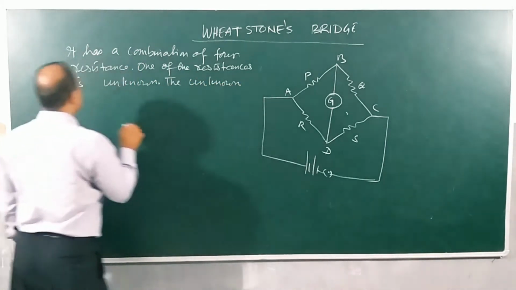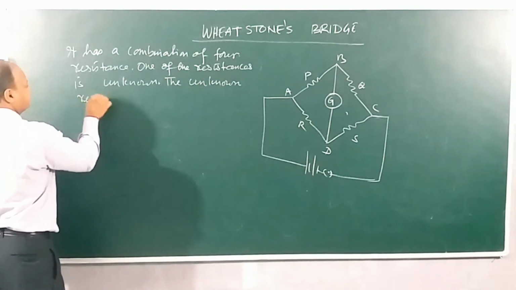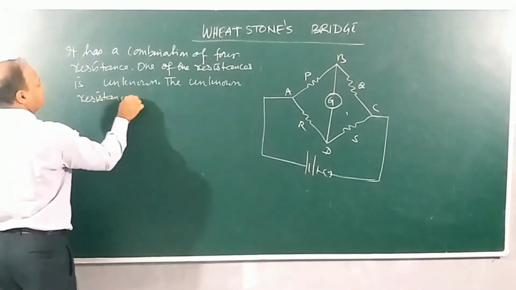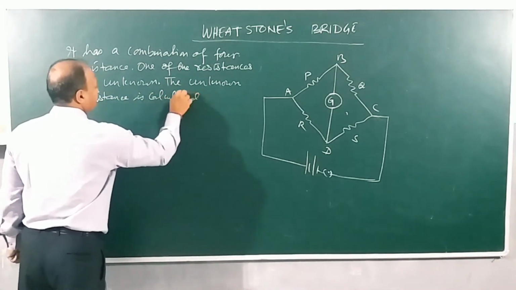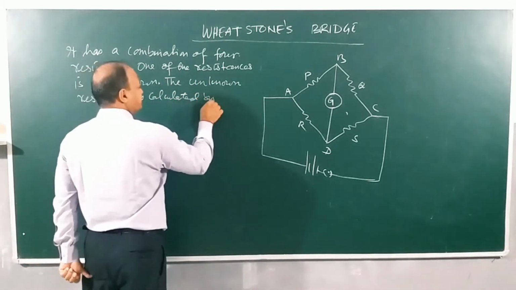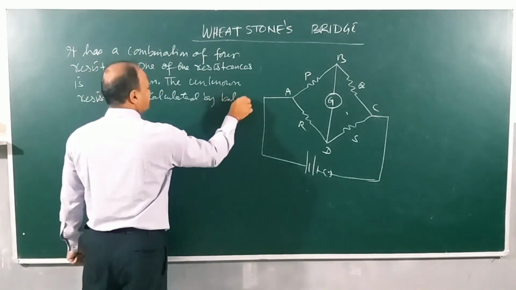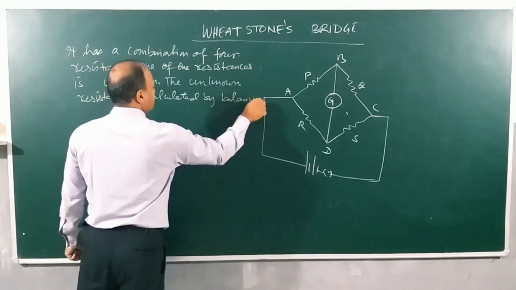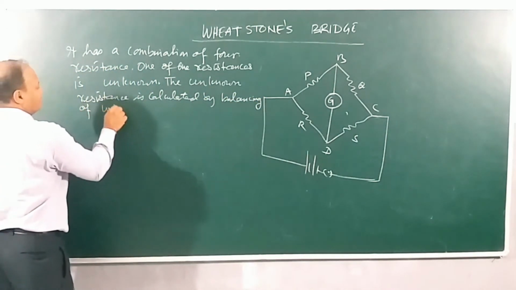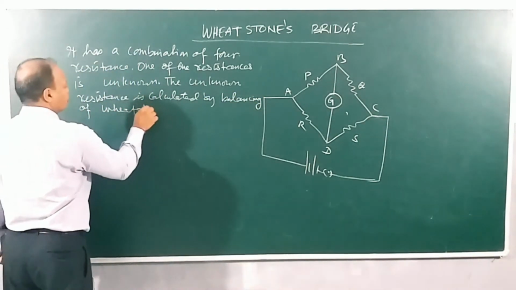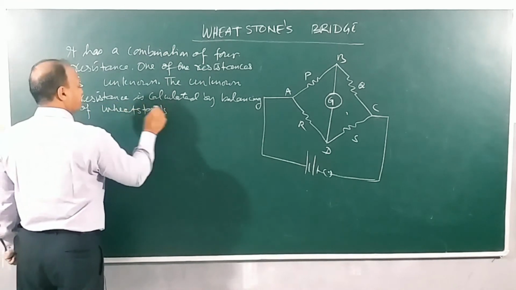The unknown resistance is calculated by balancing of Wheatstone's bridge.